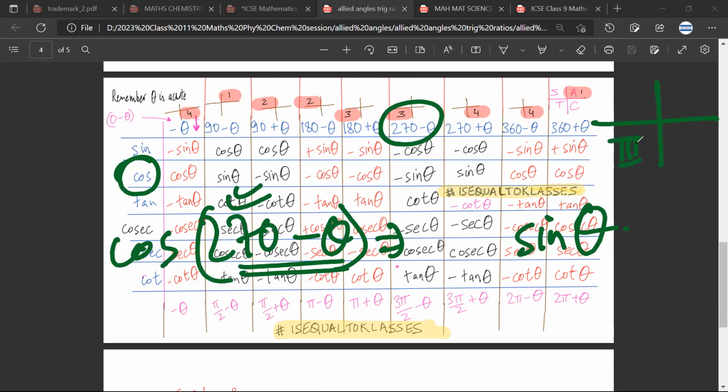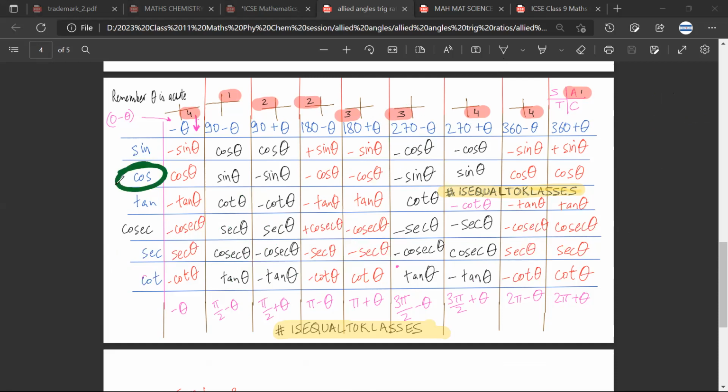In the third quadrant, cos would be negative. So this would be minus sin theta. Any doubt? No. Let us take a few more examples.